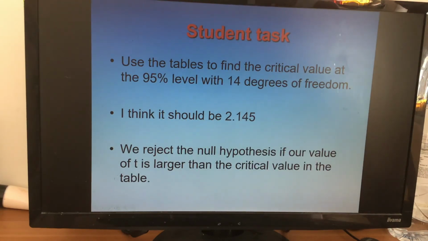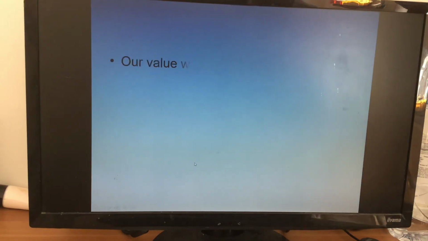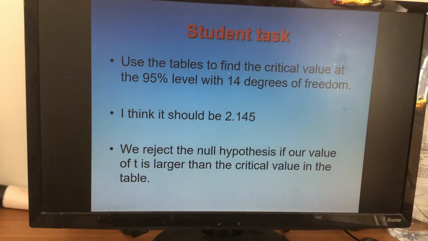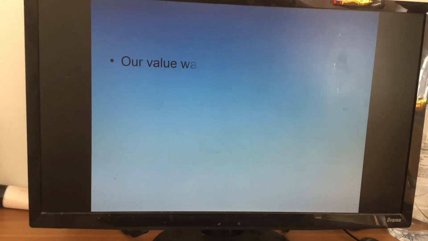Now comes the rejecting and accepting. And it's a bit like the chi-square. You reject the null hypothesis if your calculated value is larger than the critical value. Now, what have you calculated? Calculated 3.277. You have looked up 2.14. Okay, the value of 3 is bigger.